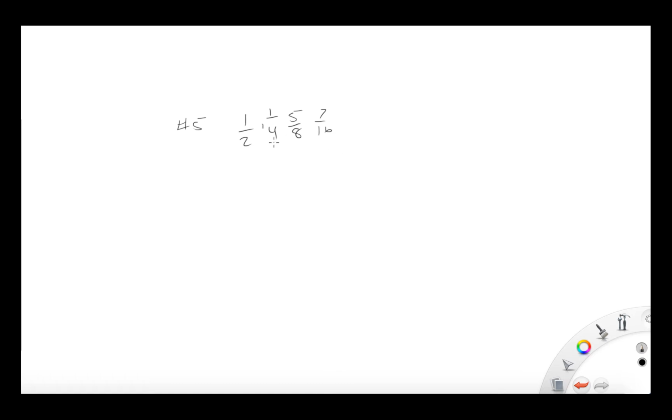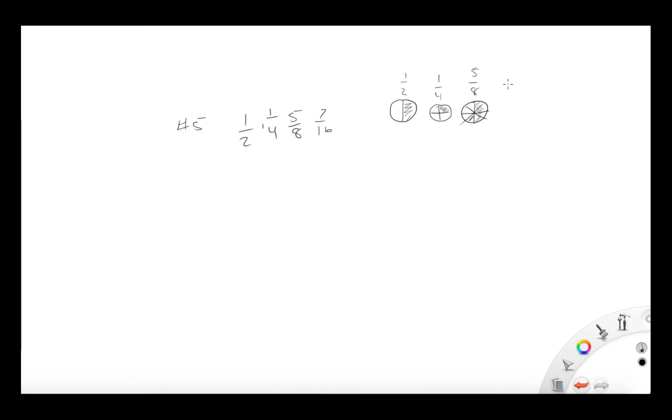Okay, well, which is the smallest of them? We know that half looks like this. 1/4 looks like this. 5/8 as listed: if we do 8ths, 4, 5, 6, 7, 8. So 5 of them are colored: 1, 2, 3, 4, and 5.